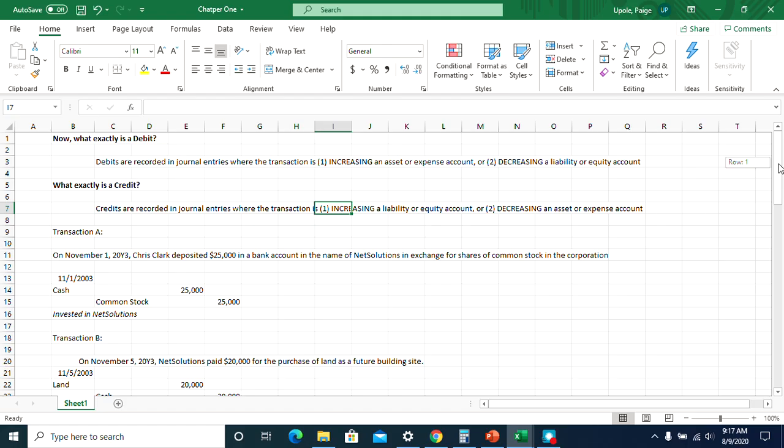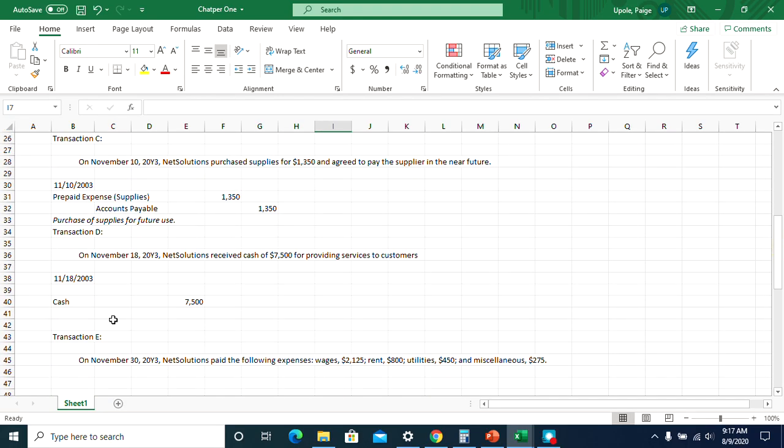So that's why we are going to credit services for $7,500. And then our business description can just be provided services to customers.